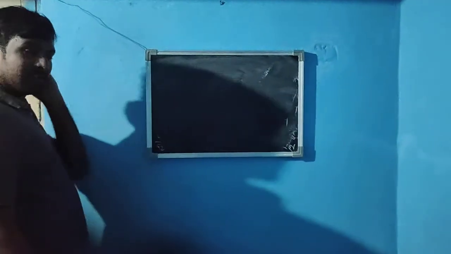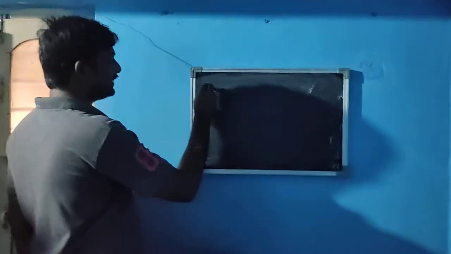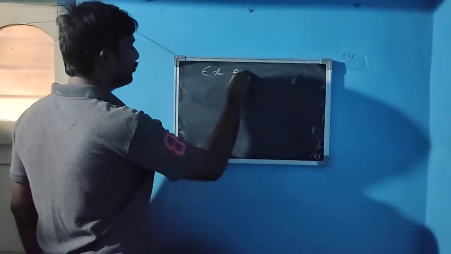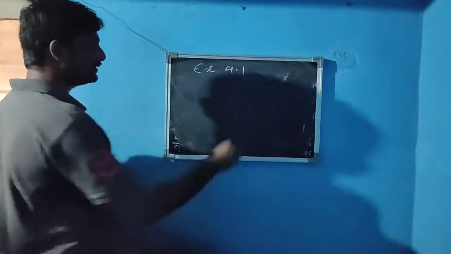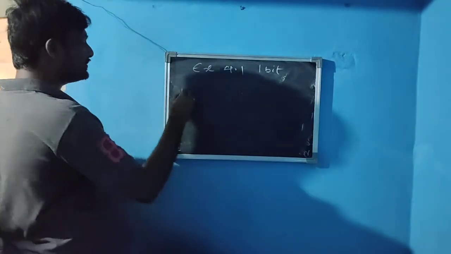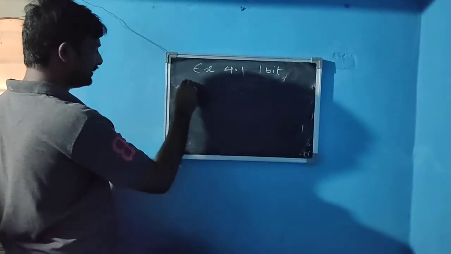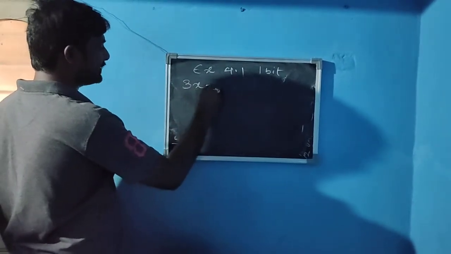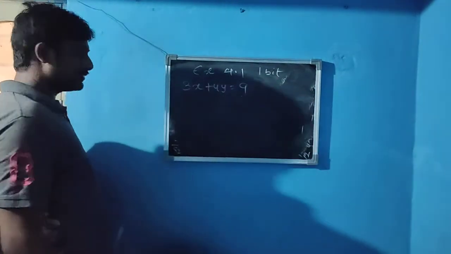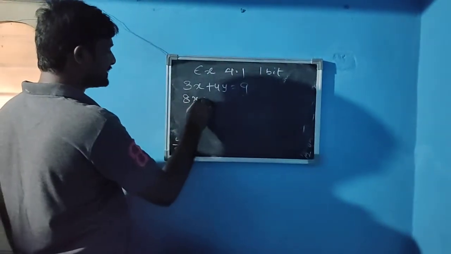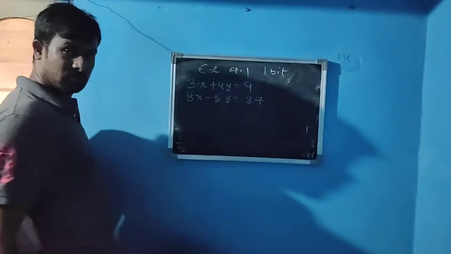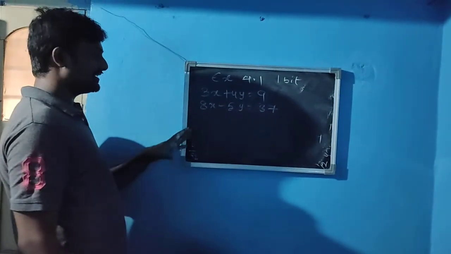After that, in your textbook, in exercise 4.1, the first bit, some examples, some questions are given here. Some problem. 3x plus 4y is equal to 9 is given the first one. Suppose 8x minus 5y is equal to 37 given. What is the question here?